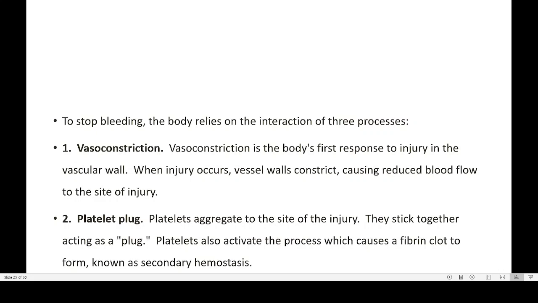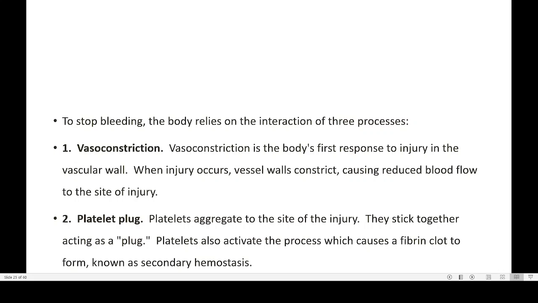Before this step, the body depends on three other processes. The first process is vasoconstriction. Vaso means blood vessel, and constriction means contraction. As a result of this constriction, the diameter of the blood vessel will be greatly narrowed.